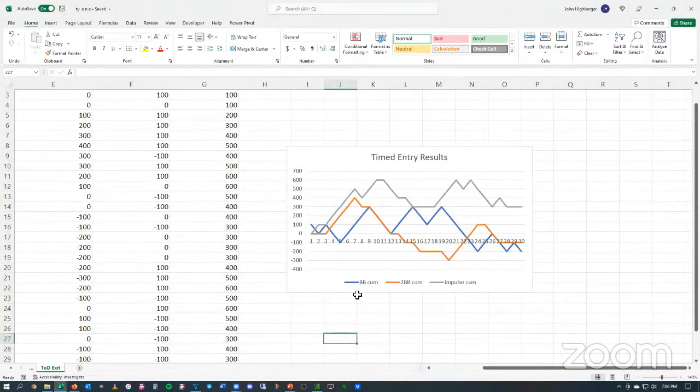You can see here, the blue line is the single base break, and you're just chopping around. You're not really making much money, and you do end up losing a little bit of money, $200 at the end for the 30 trades. Then when you look at the two base breaks, that's the orange line.